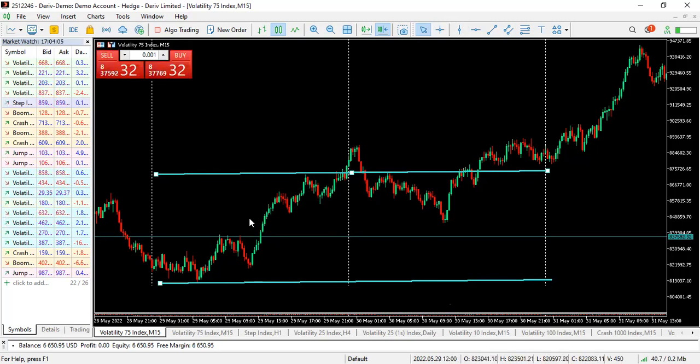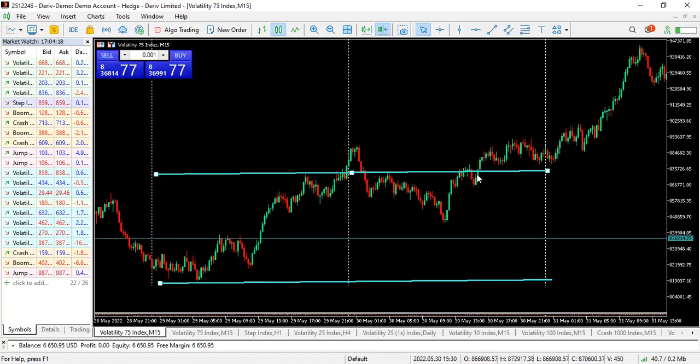This is the previous day that we mark the high and the low. Price traded up, came back into the range of yesterday, then eventually we have a breakout of the previous day high. We have a breakout of it here.